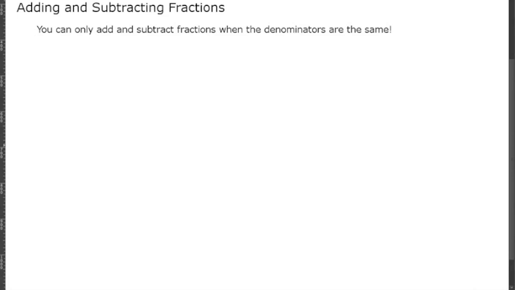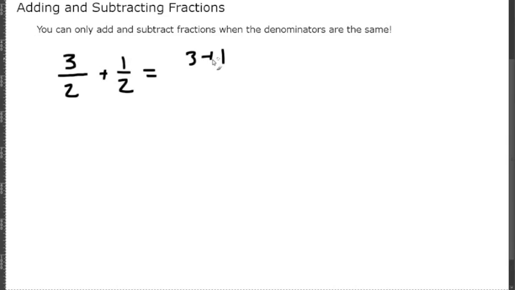Let's say I give you three halves and I ask you to add that to 1/2. You can do that because both these denominators are 2. So you just add straight across. So 3 plus 1 all over.